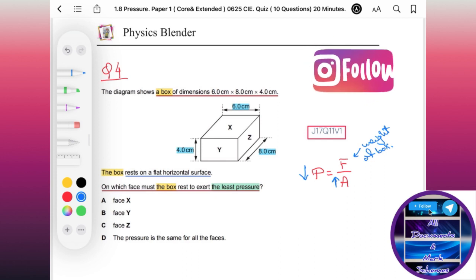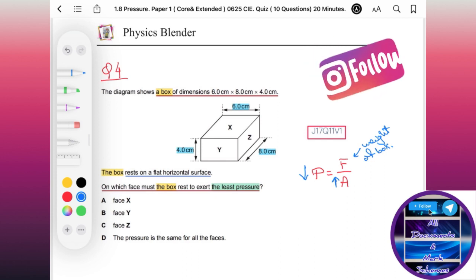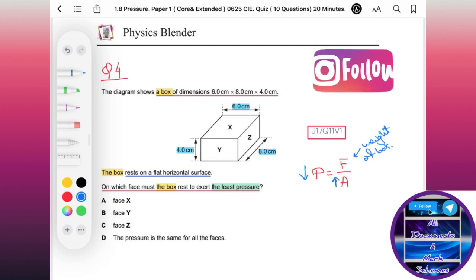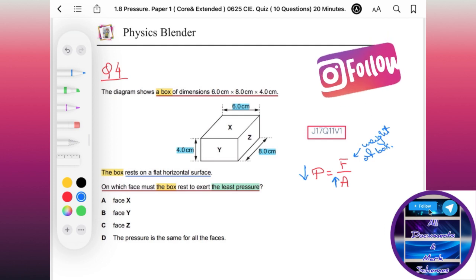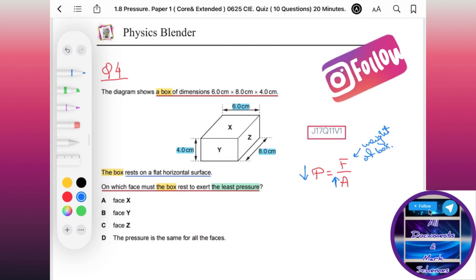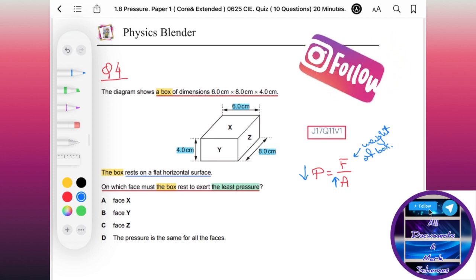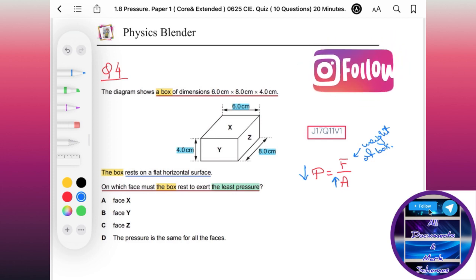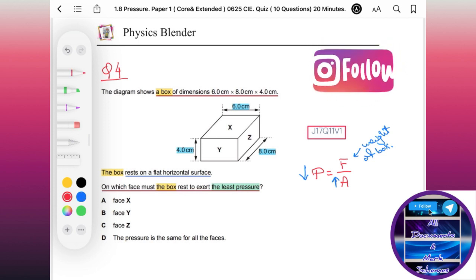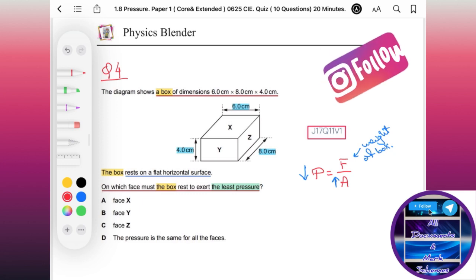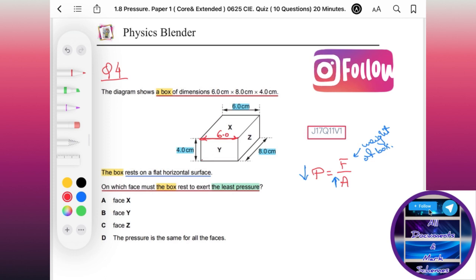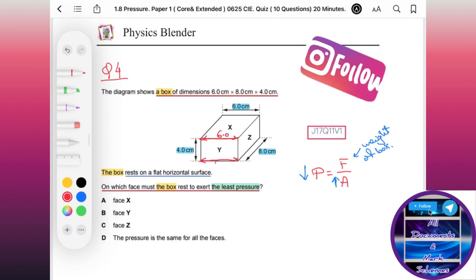We have to calculate in each case: if you place it on face X, face Y, or face Z. Before calculating the area of contact in each case, I would like to show you the dimensions. This 6 centimeters is also here 6, also here 6.